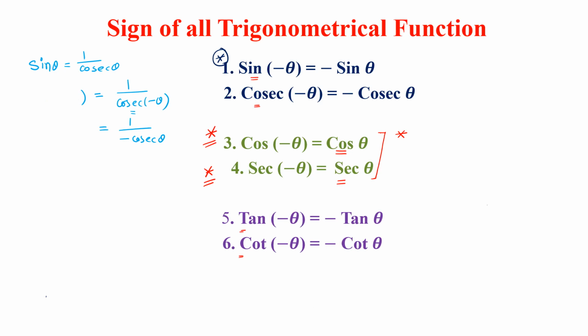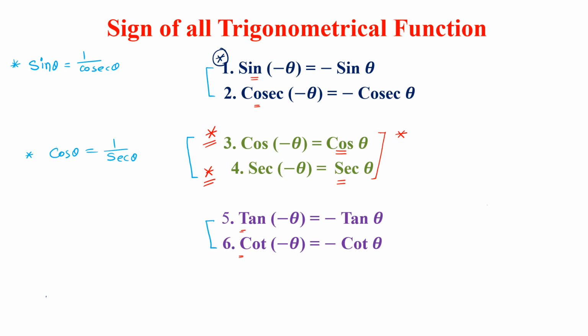That is why for sine, cosec is coming, and for cos, sec is coming, because we can write cos theta equals 1 by sec theta. They are correlated to each other, so they are together, and sine and cosec theta are together.